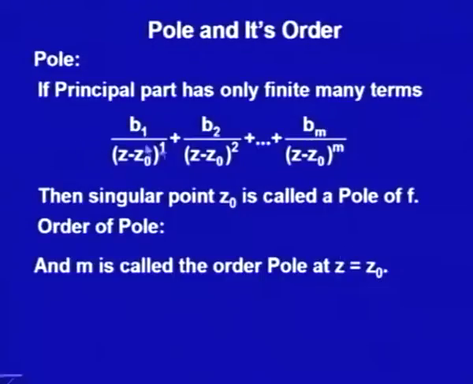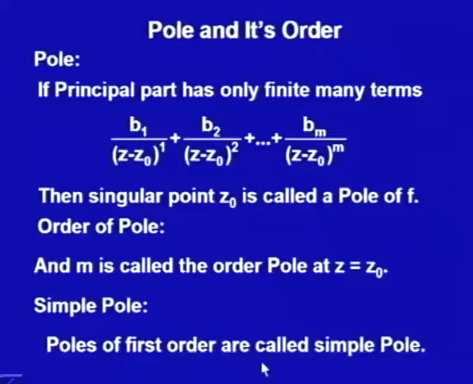Now, if m is equal to 1, that is, if we have only a single term in the principal part, b_1 upon (z minus z naught), then it is called a simple pole. So a pole of first order is called a simple pole.